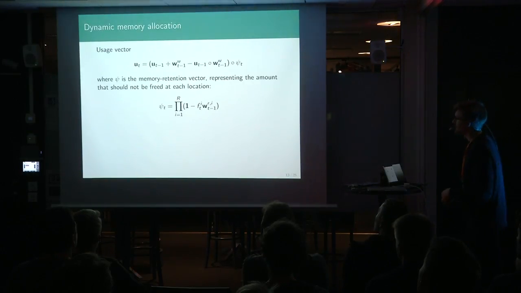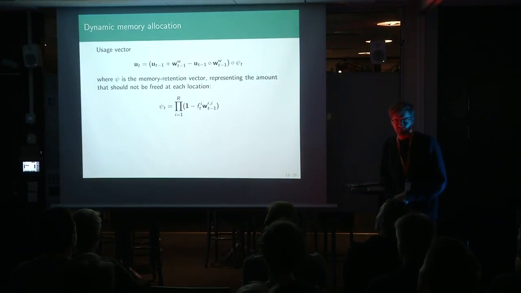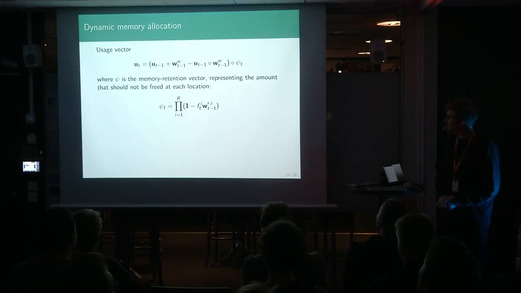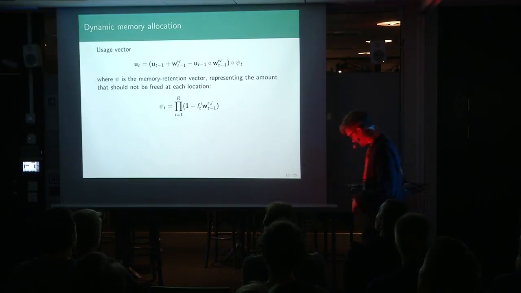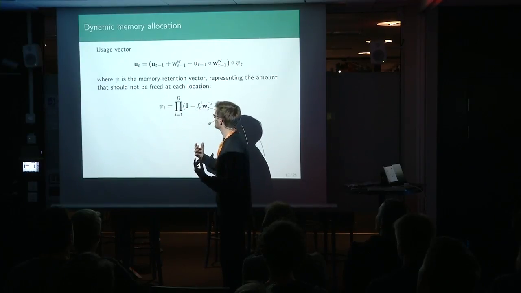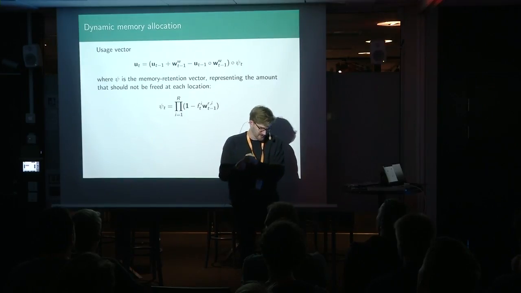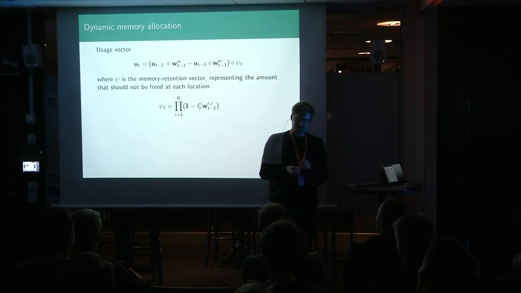Then we move to the allocation part. So how do you control memory allocation? Well, what you do is you define a usage vector. This tells you at each memory position how important that is.